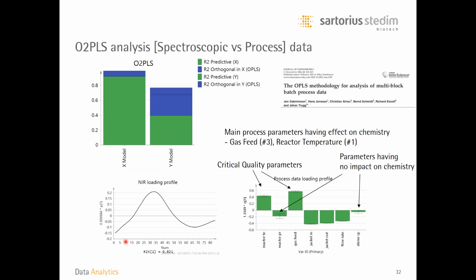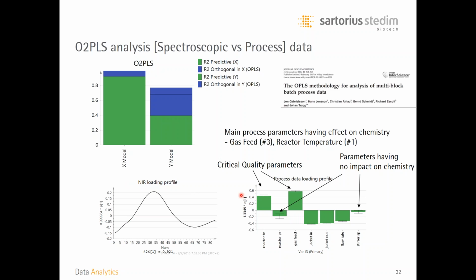We can look at the single predictive component. Because it's just one component, we can look at the loading in terms of a loading spectrum to look at the NIR loading profile, and we can look at the Y-side loading in terms of a column plot where we also see the confidence intervals.